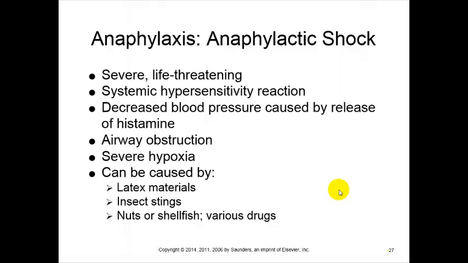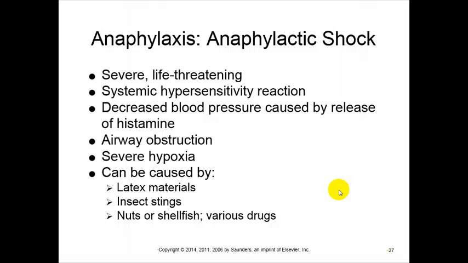This is a severe, life-threatening, acute illness. It needs to be taken care of rapidly, and it's where we have systemic hypersensitivity. Systemic meaning throughout the whole body. So we're being exposed, and the histamine and the chemicals are going throughout our whole body.